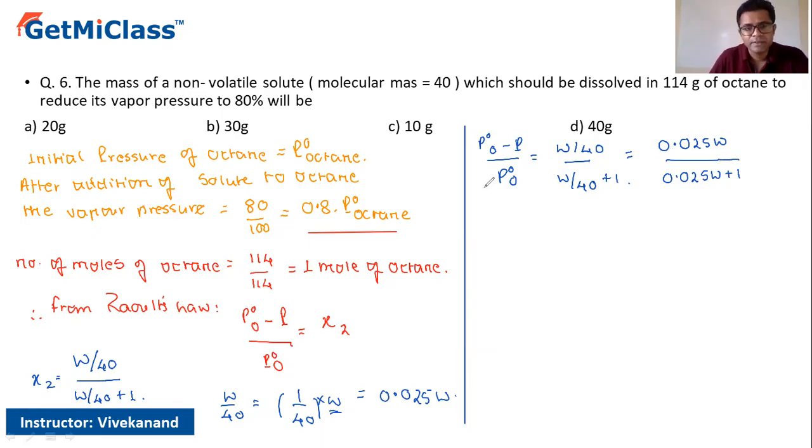Now, considering P0 of octane, which is a pure form, let's take it as 1. So we have 1 minus 0.8 divided by 1 equal to 0.025 W divided by 0.025 W plus 1.